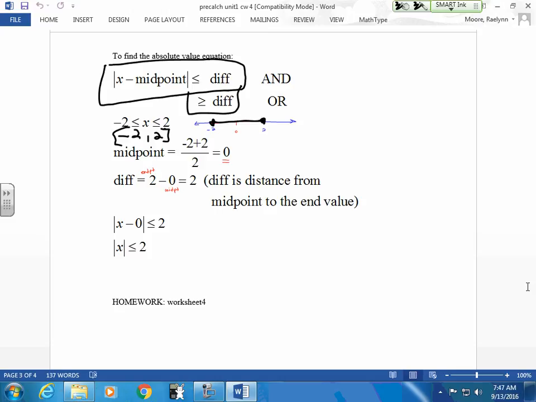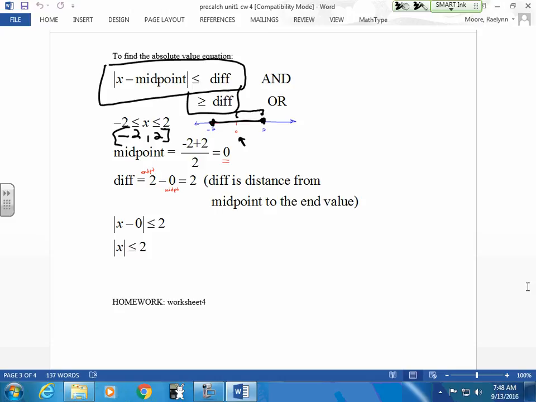My midpoint is the number in the middle. Sometimes it's obvious, sometimes it's not over the 0. So to find the midpoint, just like we did in geometry, add the 2 endpoints, divide by 2. So in this case, your midpoint is 0. The difference is the difference from the midpoint to either endpoint, because it will be the same.